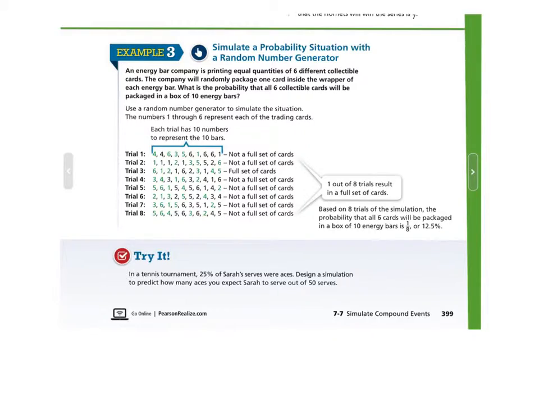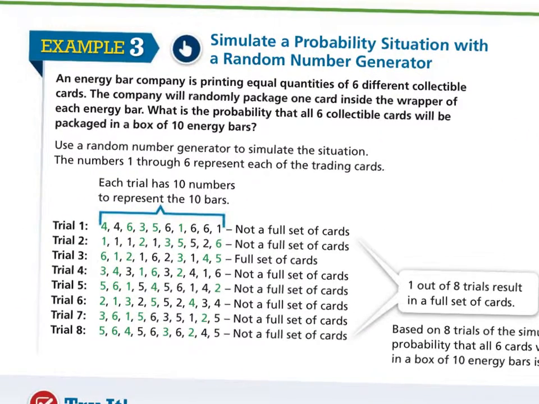So example 3. An energy bar company is printing equal quantities of 6 different collectible cards. The company will randomly package 1 card inside the wrapper of each energy bar. What is the probability all 6 collectible cards will be packaged in a box of 10 energy bars? So this one, they're using a random number generator.